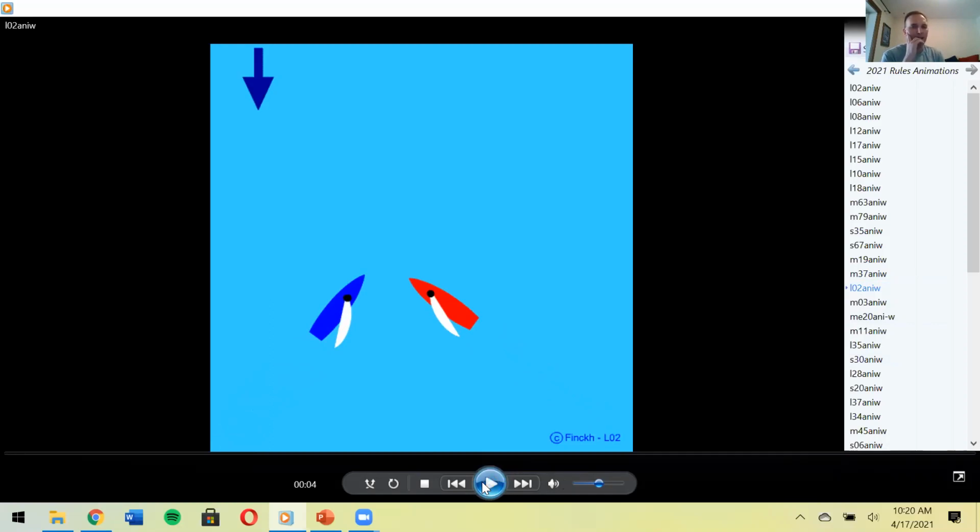Now technically, if that did happen, blue is still in the wrong because blue is on port and red is on starboard. But red still has violated Rule 14 by not avoiding contact. And where this comes into play is that if blue is damaged by that, or if there's an injury, then red can be disqualified from the race, even if red is on starboard.